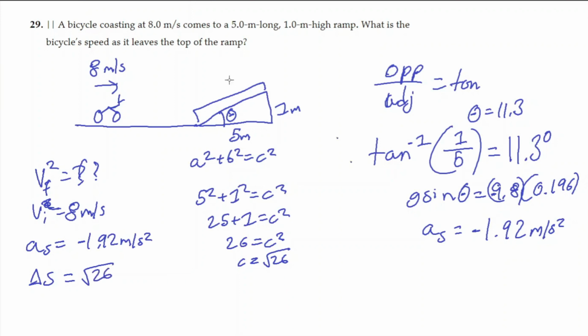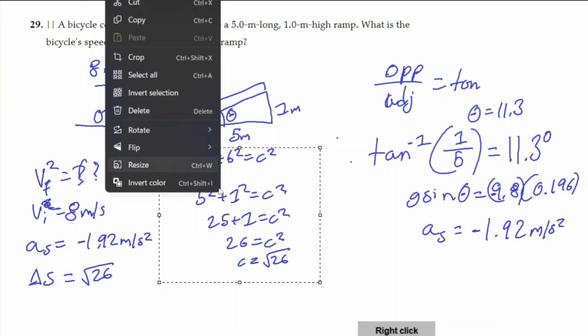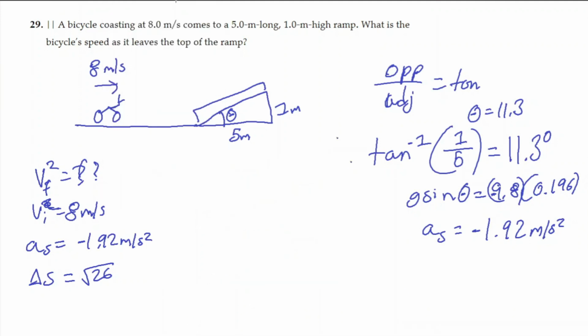So now if we plug everything into the v squared final equation, we're going to have v final squared, which is what we're finding out here. V initial squared is going to be 64, which is 8 squared. And then that's going to be plus 2 times acceleration, which is negative 1.92, times delta S, which is square root of 26.